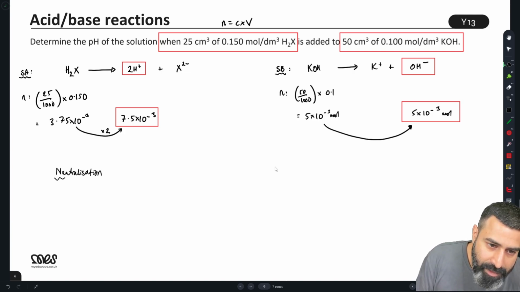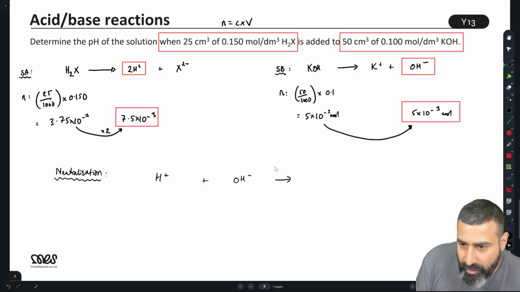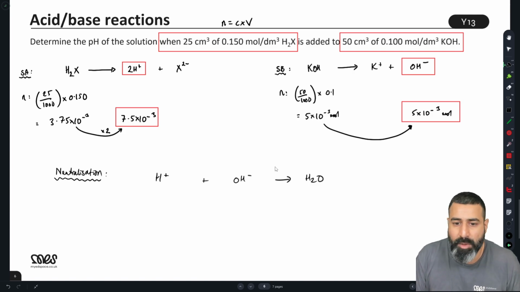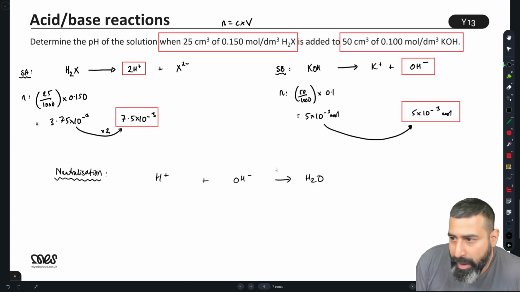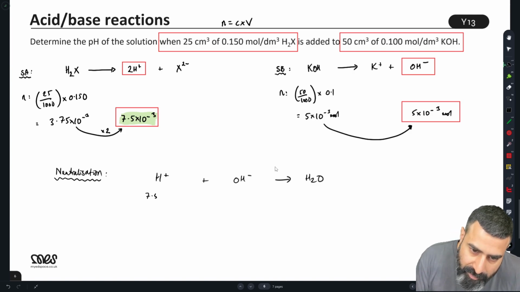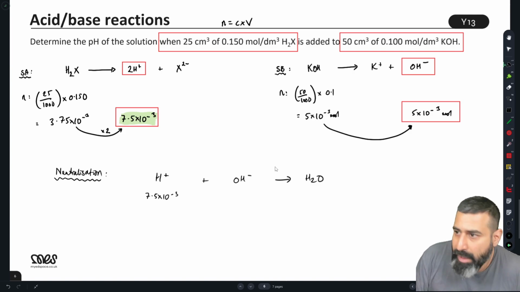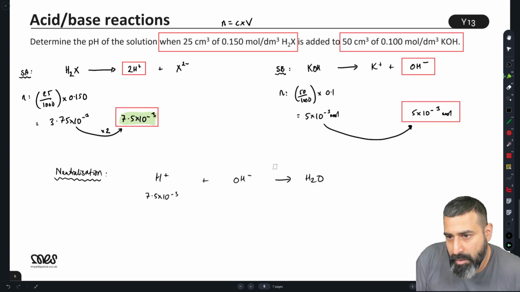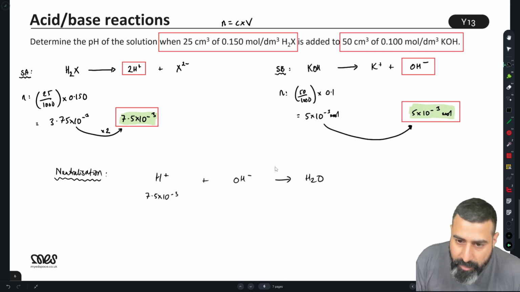And in a neutralization reaction, we can simplify the reaction to H plus plus OH minus goes to H2O. And now I'm just going to use the number of moles here. So for H plus, it's 7.5 times 10 to the minus 3. And for my OH minus, it is 5 times 10 to the minus 3 in terms of moles.